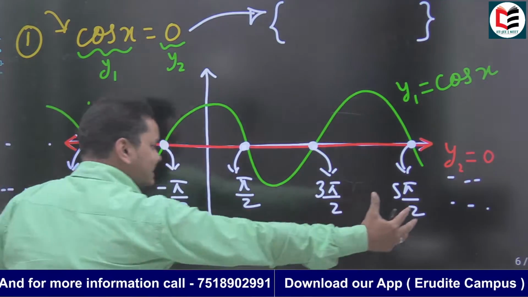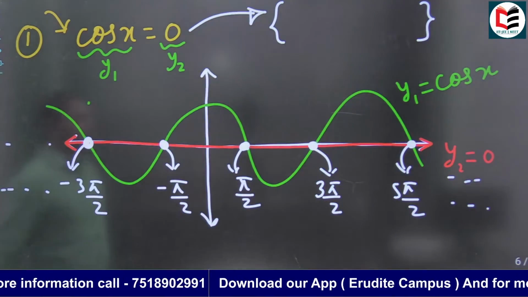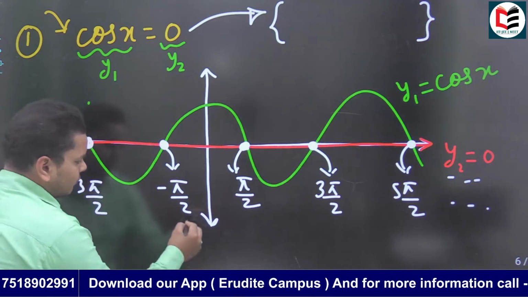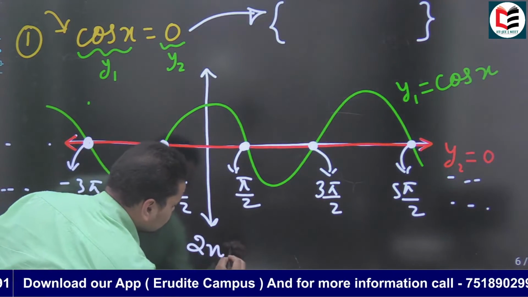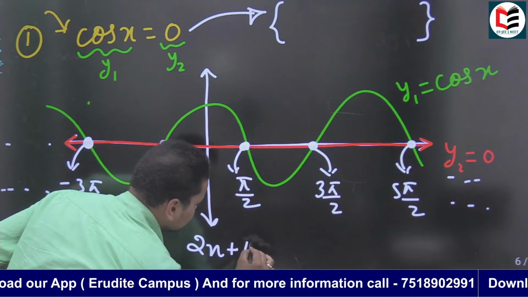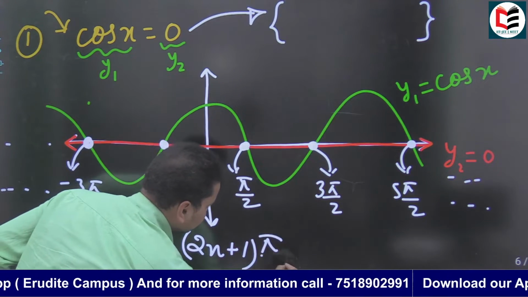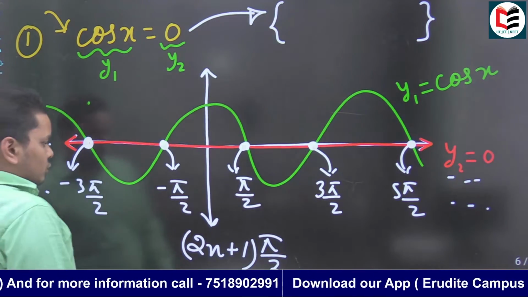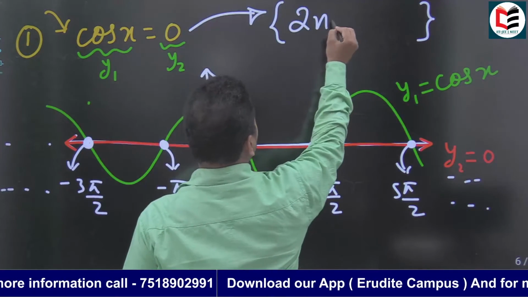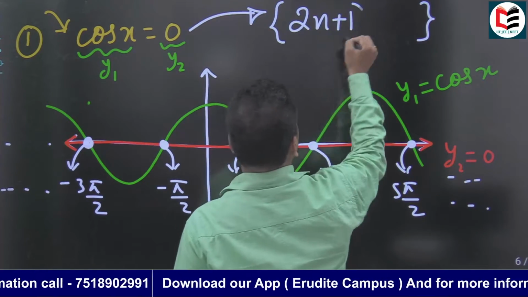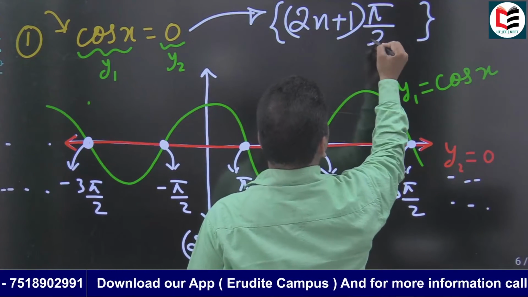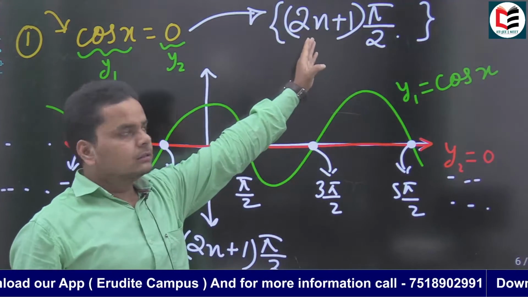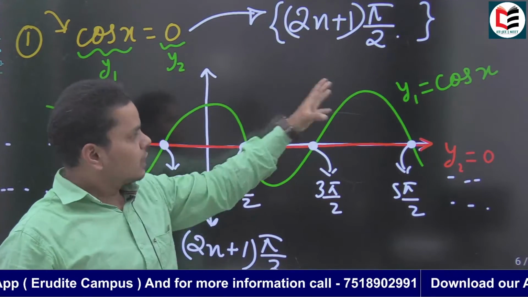By combining all the sets of values, we will get a general form of the value, that is (2n plus 1) pi by 2. So our solution is (2n plus 1) pi by 2. If you put n equal to 1, you will get another solution.